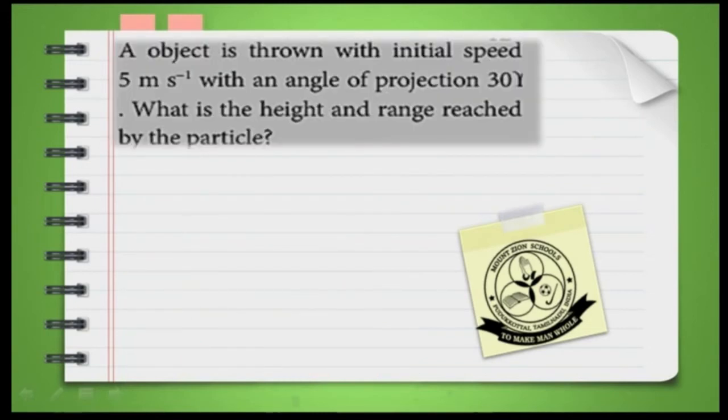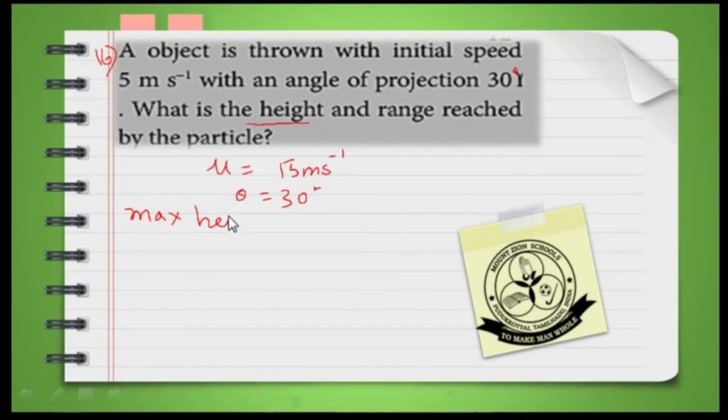Now the next problem. An object is thrown with the initial speed u. This is problem number 16. It is given that initial speed u is equal to 15 meter per second and theta value is 30 degree. You are asked to find out the height reached. So it must be maximum height.